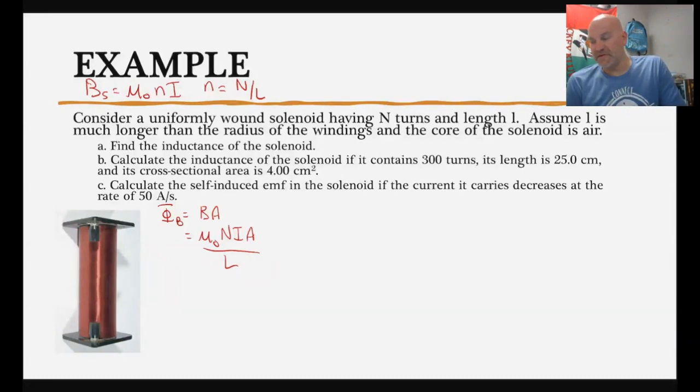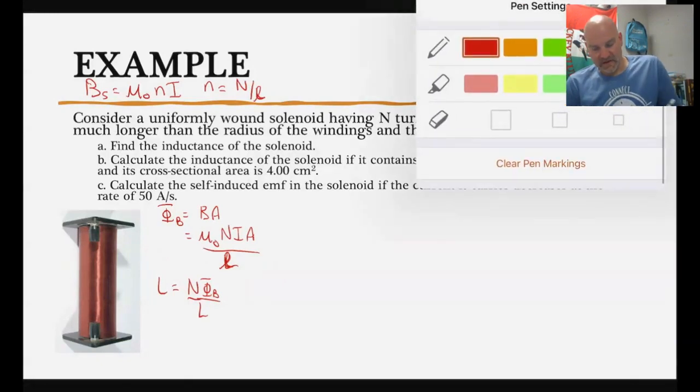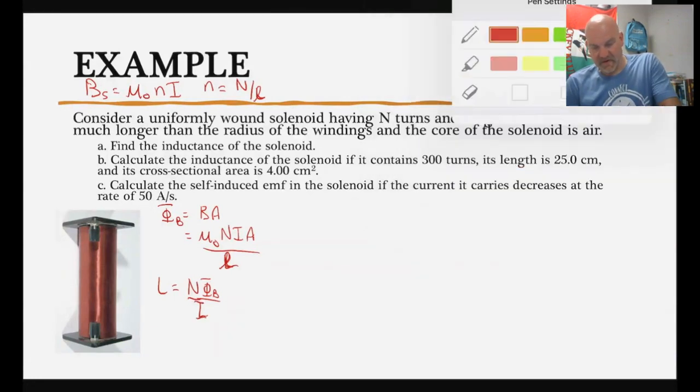And then we simply keep substituting in. Now this l down here, I'll make it a lowercase l, is the length of the solenoid, where the capital L is the inductance. I apologize, I keep forgetting about that. So we have N times the magnetic flux over I, the current.